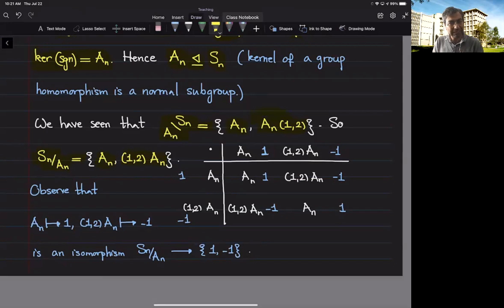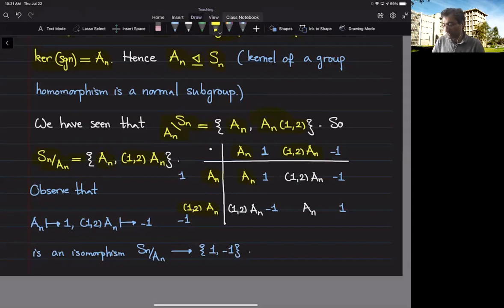Now I want to write down the multiplication table of this group. So I write down those elements, A sub n, and the coset that's represented by the transposition (1 2), and I write them in the column as well. Now, A sub n times A sub n, I need to multiply the coset representatives, the neutral element, and I end up getting the neutral element, so I end up getting A sub n.